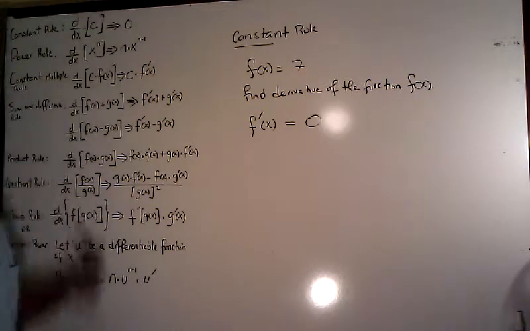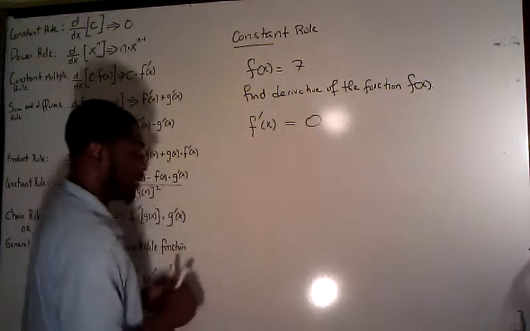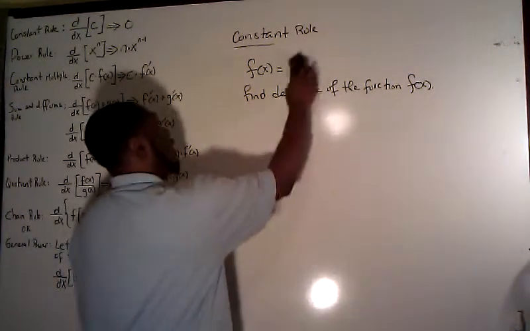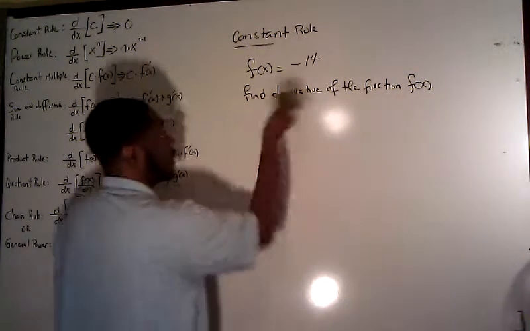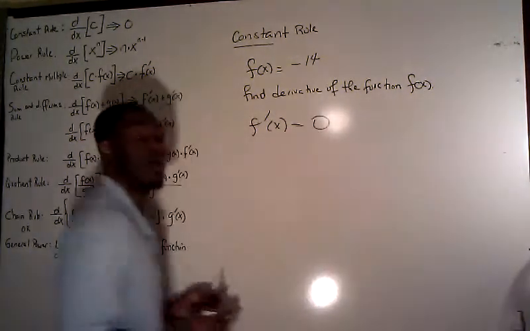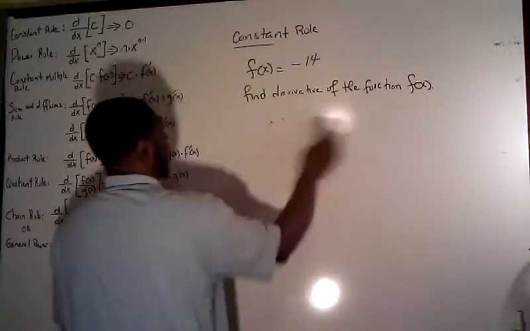So we've seen how that rule applies. Of course, we could use the other notations if we wanted to. Let's say we have another example, negative 14. The derivative of any constant is 0, so that's all we need to say in that case. That's our constant rule.